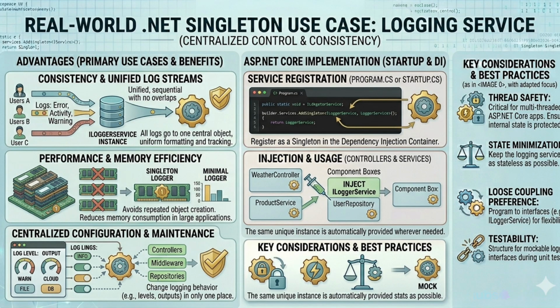It also simplifies maintenance, as any changes to logging behavior need to be made in only one place. However, developers must ensure that the Singleton service is thread-safe, as it will be accessed by multiple requests simultaneously in a web application. This example clearly demonstrates how Singleton is used in real-time projects to manage shared resources efficiently.